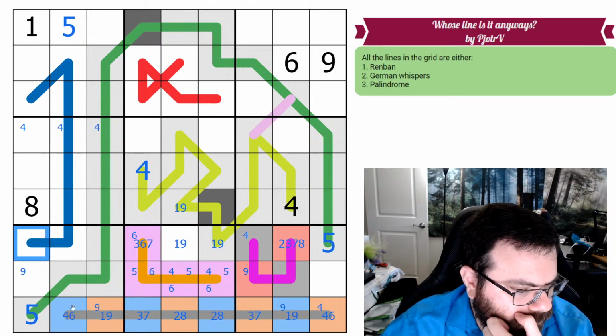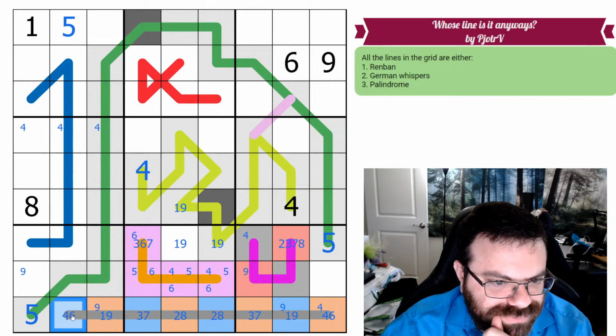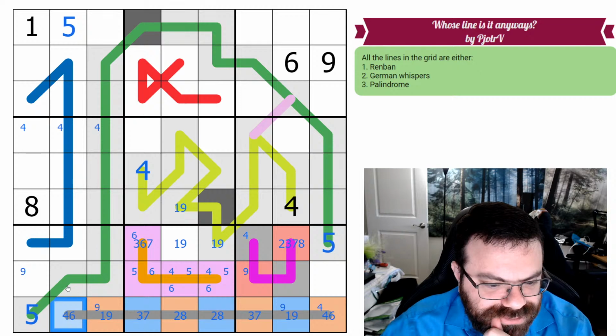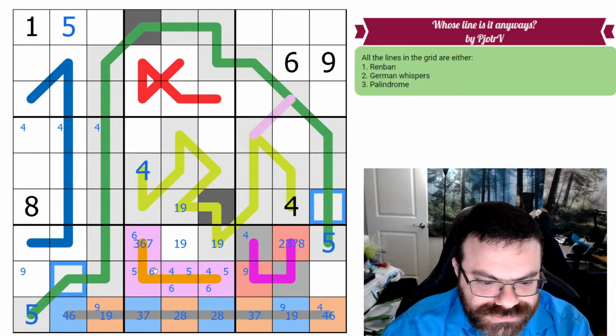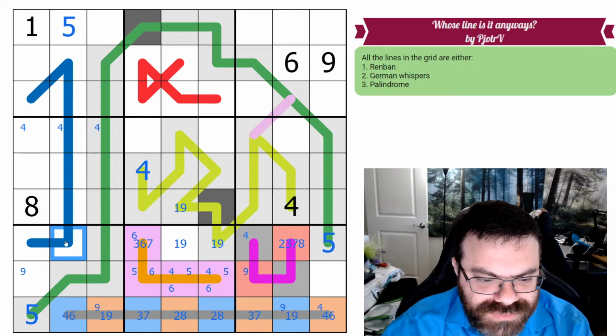Well, one of these is a 4-6. We only need one other 4-6. Could be here. Like, for example, if this were 4, well, this can't be a 4 because this can't be 1. Can't put a 4 or 6, so this could be a 6.